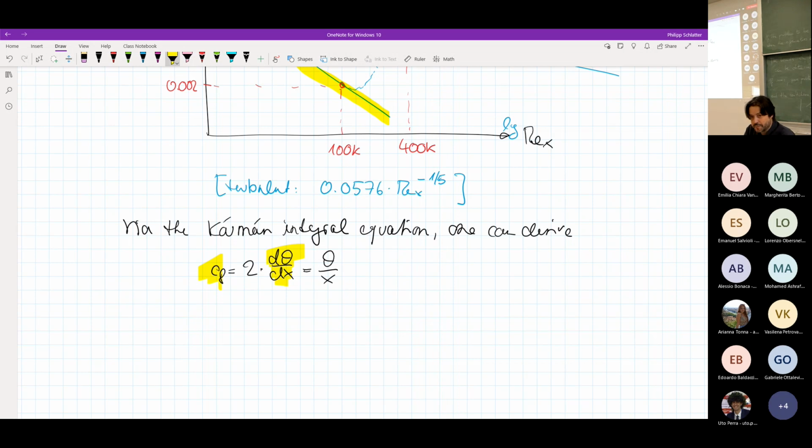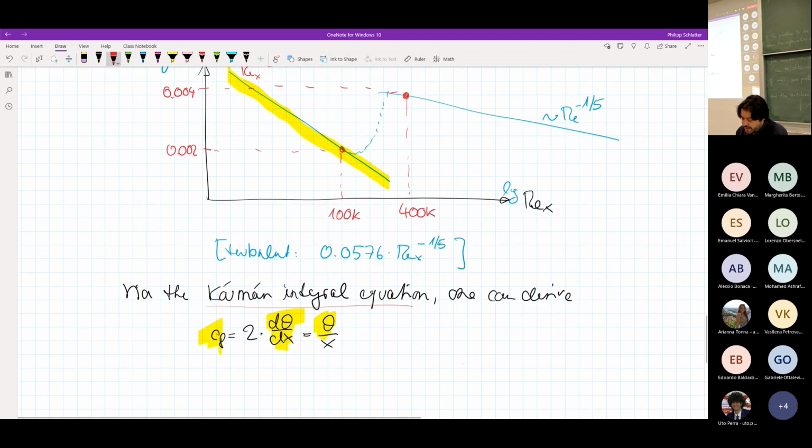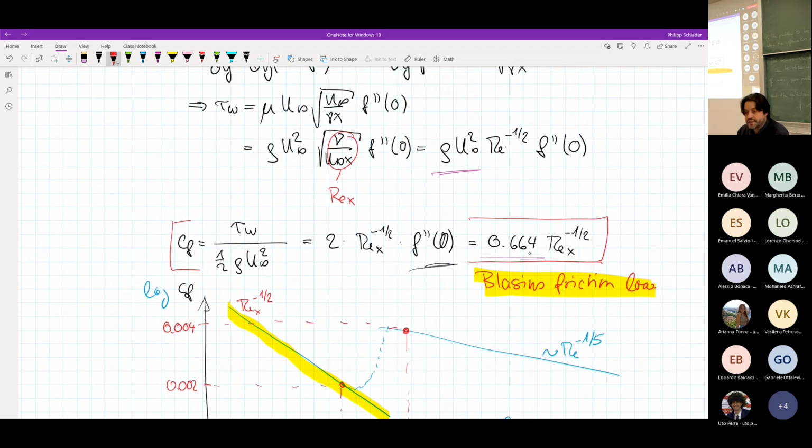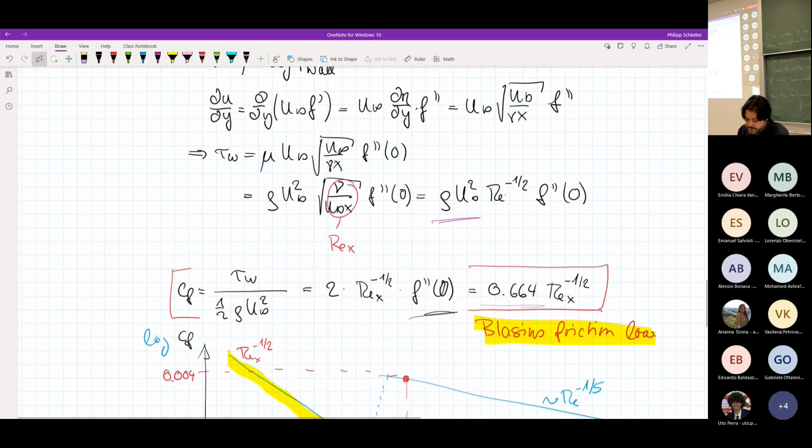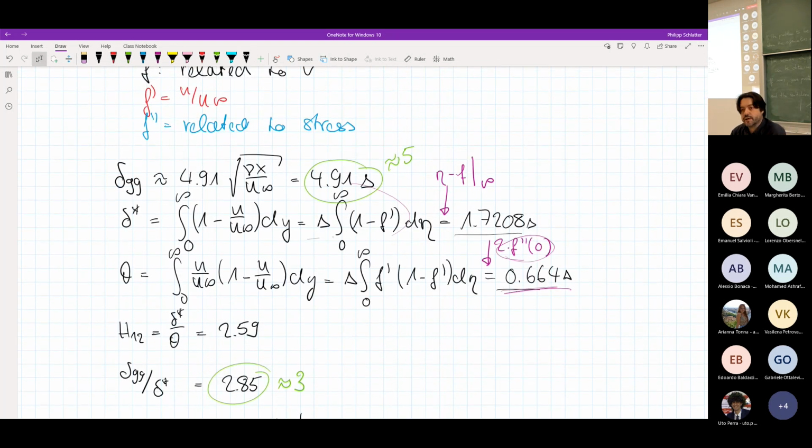And because we know how the momentum thickness changes, the typical 1 over square root of Reynolds, we can replace this by theta divided by x. As I said, this is done by the Karman integral equation. We're not going to do the derivation here, but it's just 1 or 2 pages. I will put the derivation on the home page if you're interested, so you can look at how this is built. In the end, it essentially explains why this 0.664 appears here in CF, and it also appears in theta, the momentum thickness.